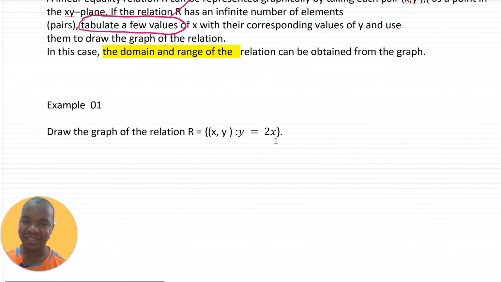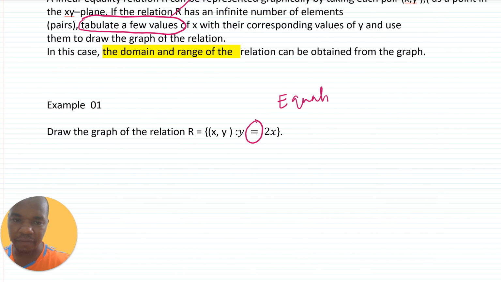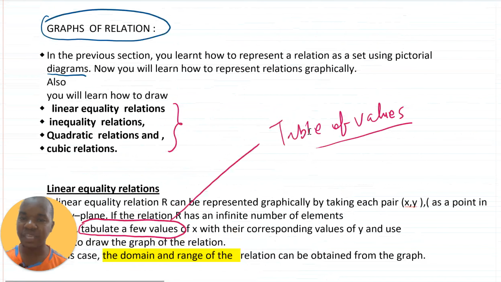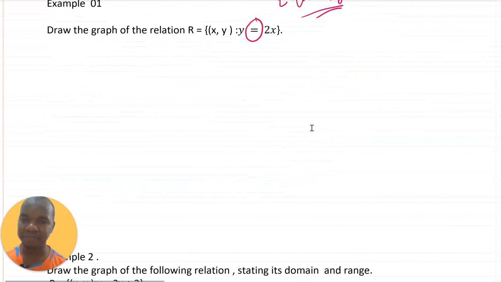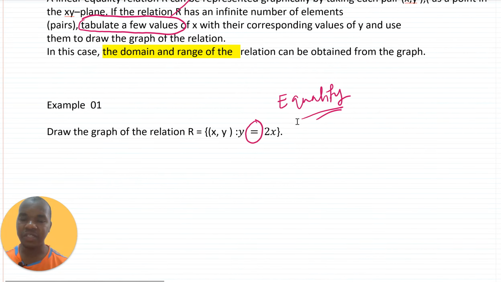Mind you, this is linear equality. The moment you see an equal sign, that is what we call equality. So the essence behind equality is you'll be having linear equations with an equal sign, dear students. As we started, how do we draw the graph of this function here?